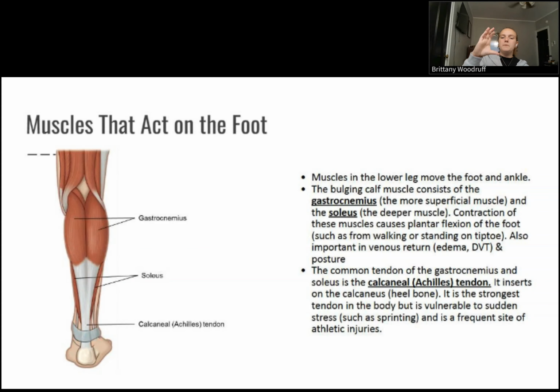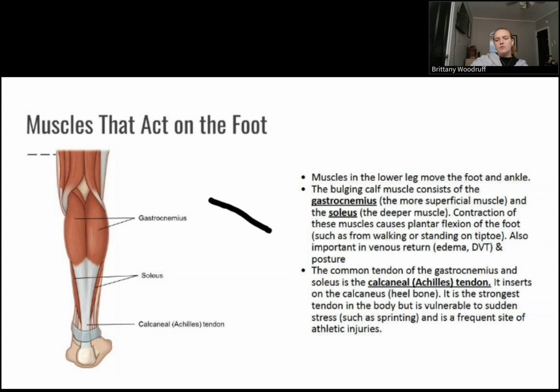Now, the gastrocnemius and the soleus are going to attach to that back heel bone there. And when they contract, they're going to pull up on that tendon. And that tendon is going to pull up on the back of the foot, and it's going to cause the front of the foot to go down.